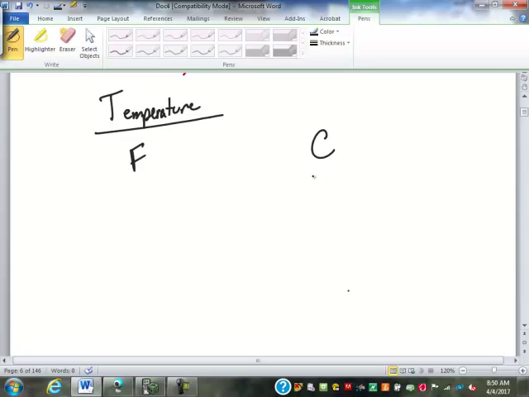And we have chosen to calibrate them based on water: the temperature at which water freezes and thaws, and the temperature at which water boils.